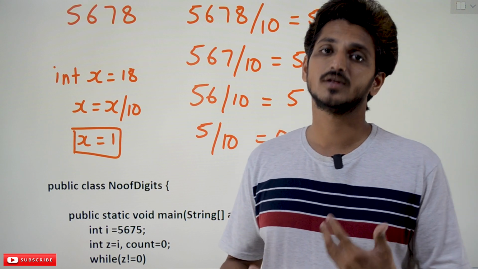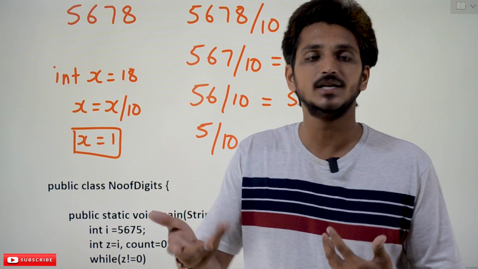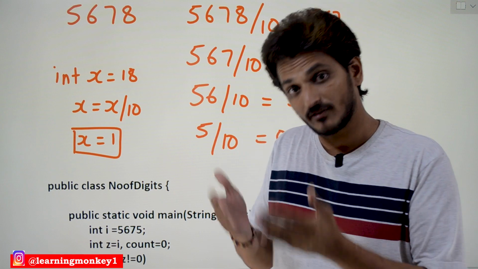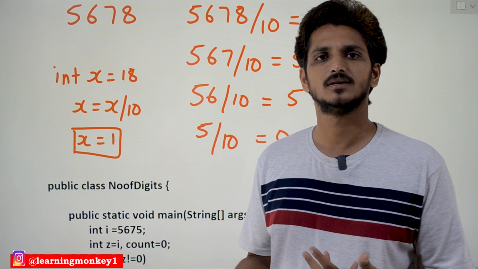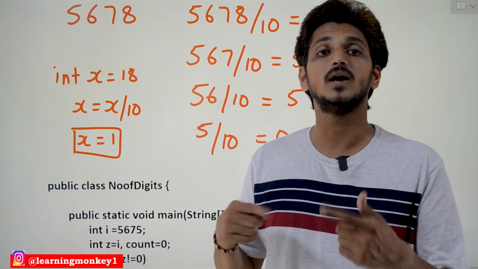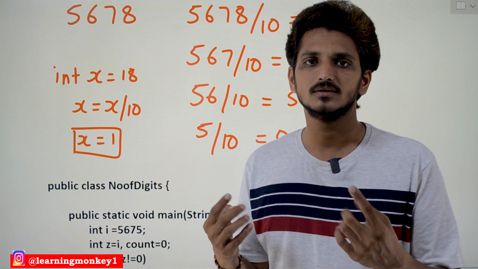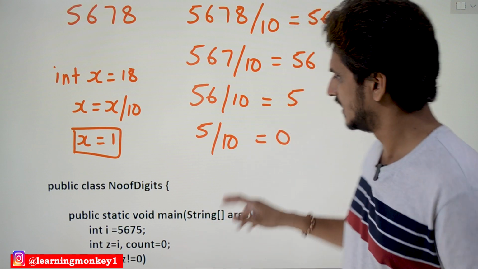So if you define your input variable as an integer variable and keep on dividing that number and assigning it to the same variable x until you get 0, that's the logic.